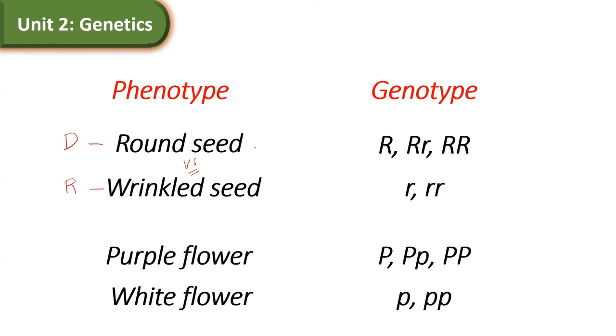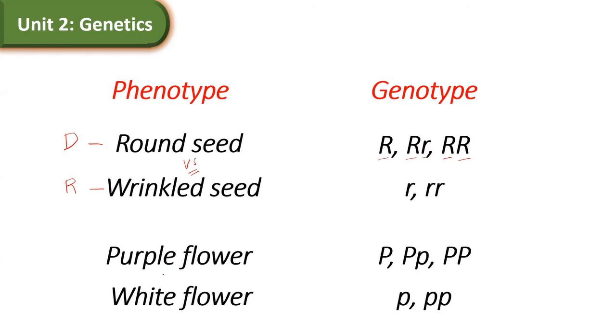So if you can see the round seed, you are going to represent it with the big letter. It can be a big letter R, or a big letter R followed by a small letter r, or double big letter R, because it's a dominant trait. If you can see only a wrinkled seed, that is the phenotype, so you are going to write it as a small letter r.